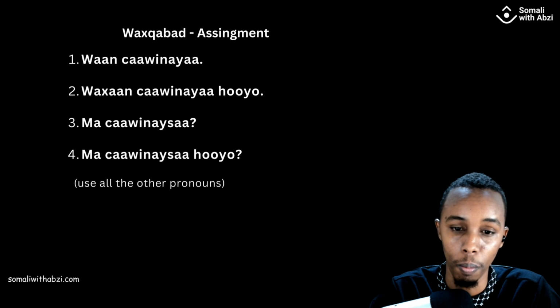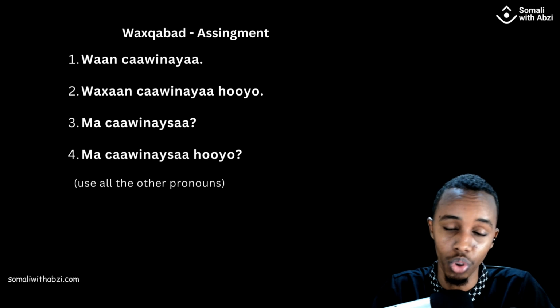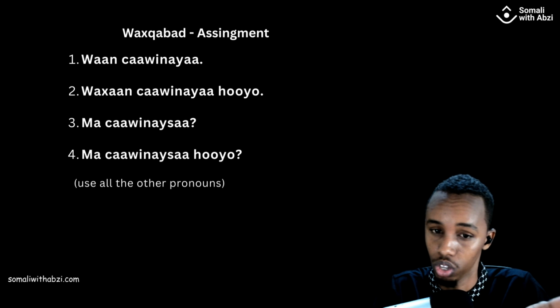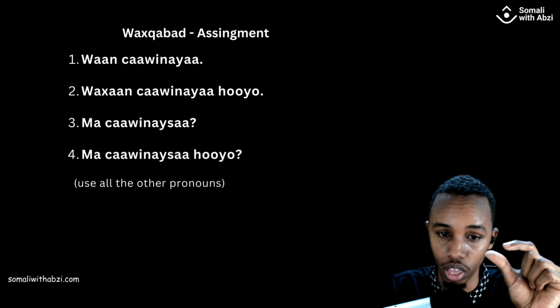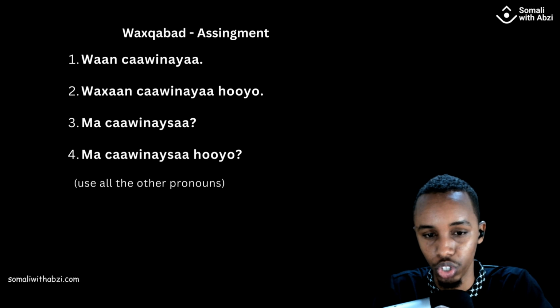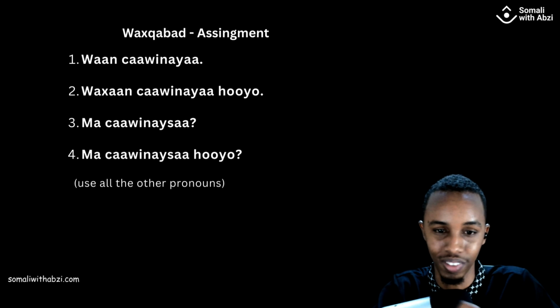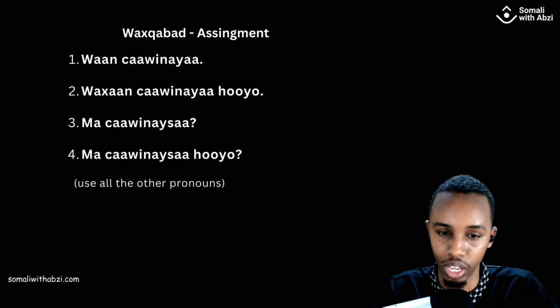Number 4, ma caawinaysaa hooyo. So you're going to use waan caawinayaa with you, we, they, he, she, all of them. So waan caawinayaa, and then you make all the other pronouns. And always make sure the verb ends in -ing at the end. So that's what we learned so far. You can just go back to the video and take notes if you didn't do that. And it's very bad to not note anything because you're learning a new language.